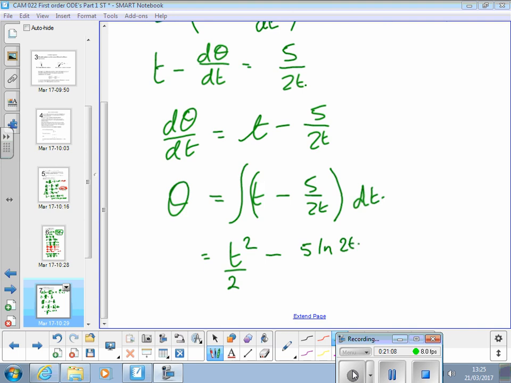Anything missing from that? Yeah, go on, there's plus c missing. Anything else? Think of this bit as 5 over 2 times 1 over t. There are no x's involved.